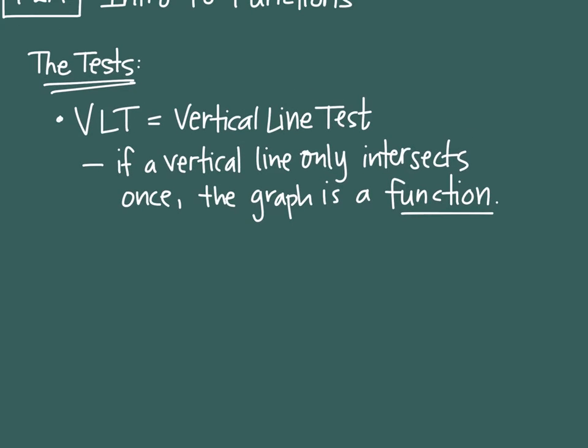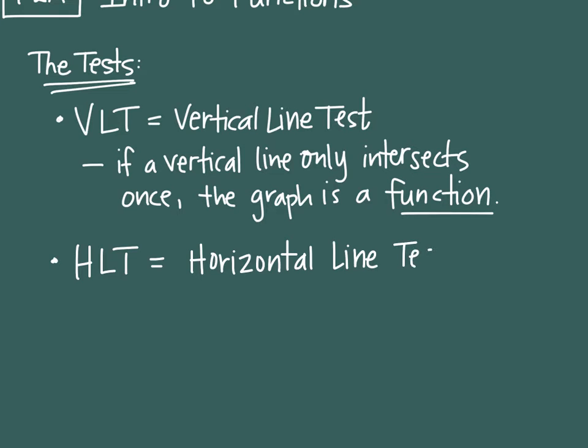All right, the other test you got to be able to do is the HLT, which is the horizontal line test. And that's going the other way. You have to pass them in order. If you don't pass the vertical line test, you can't even take the horizontal line test. You have to be able to pass the vertical line test first.